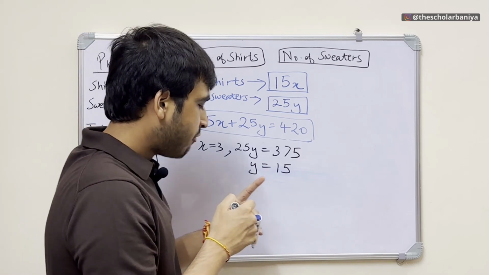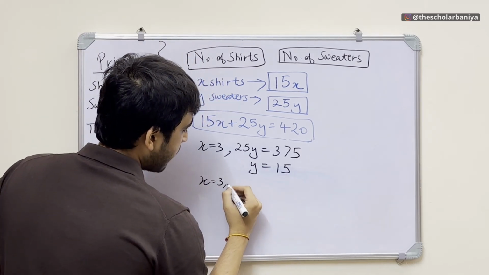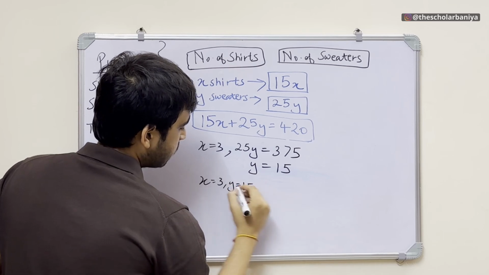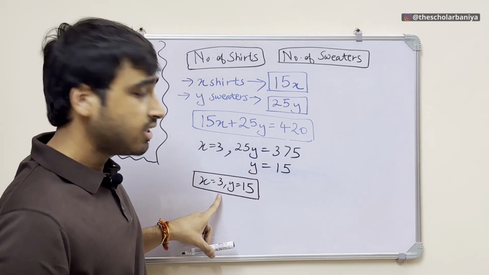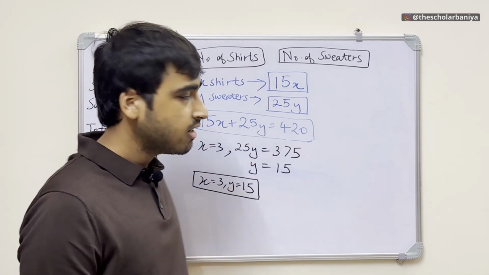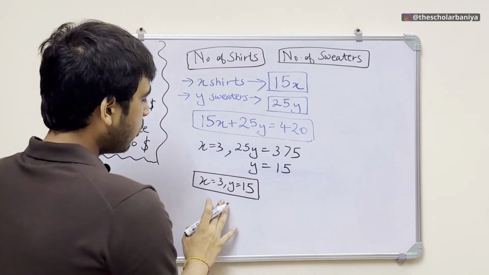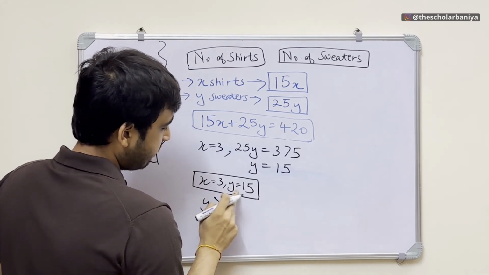So we have found one solution where X equals 3 and Y equals 15. The values of X and Y completely satisfy the equation, so this is completely fine. And over here we can see that Y is greater than X.